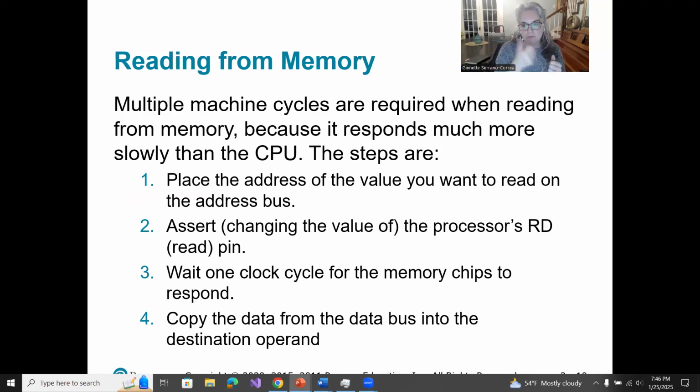But if I have to go to RAM to actually get whatever I need, which most likely is going to happen, then it's going to take more than 1 machine cycle. It takes 2, 4 machine cycles. But remember, if you have a machine that's like 1 gigahertz, then 1 billion instructions per second can be processed.